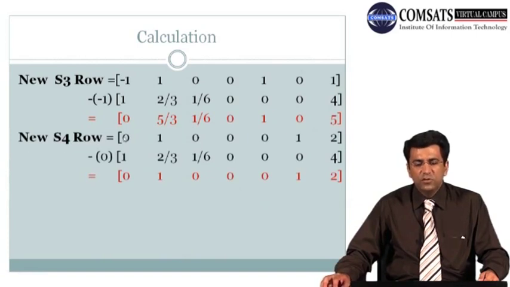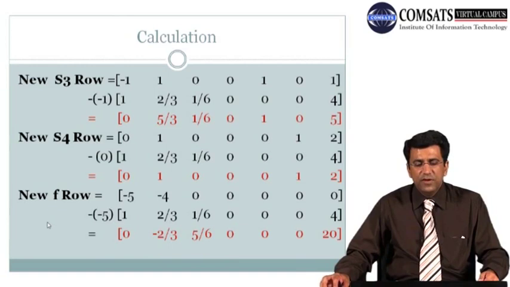New S4 row is equal to old S4 row minus the coefficient of the pivot column, and in this particular case that will be equal to 0. So if we multiply this 0 by the new pivot row values, we will again get the same row.